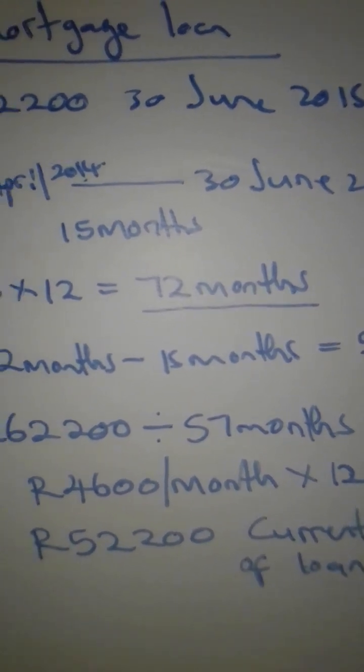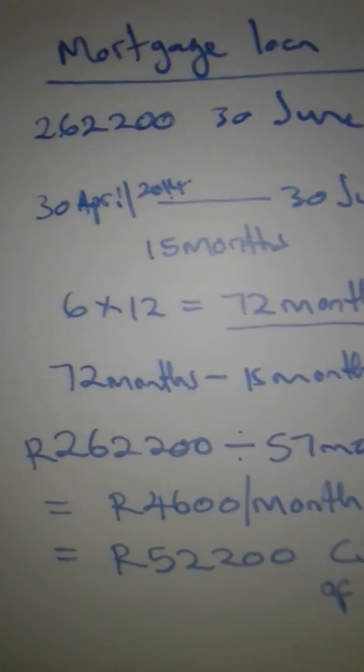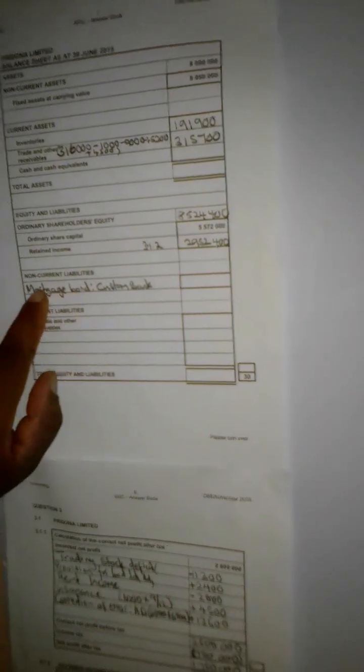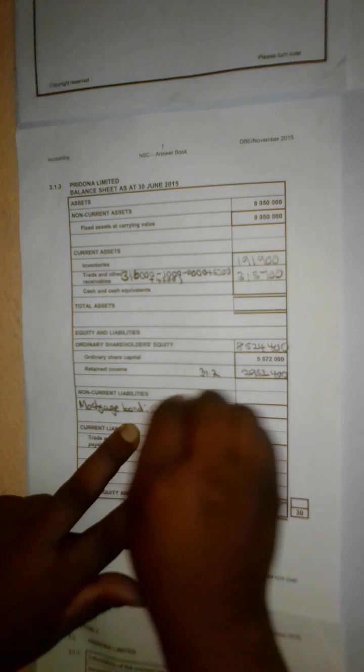So now on our template, for the mortgage loan, I'm going to remove Customs Bank so that I can have space to show my calculation here. This is the way I would want you to show it if you were writing an examination.